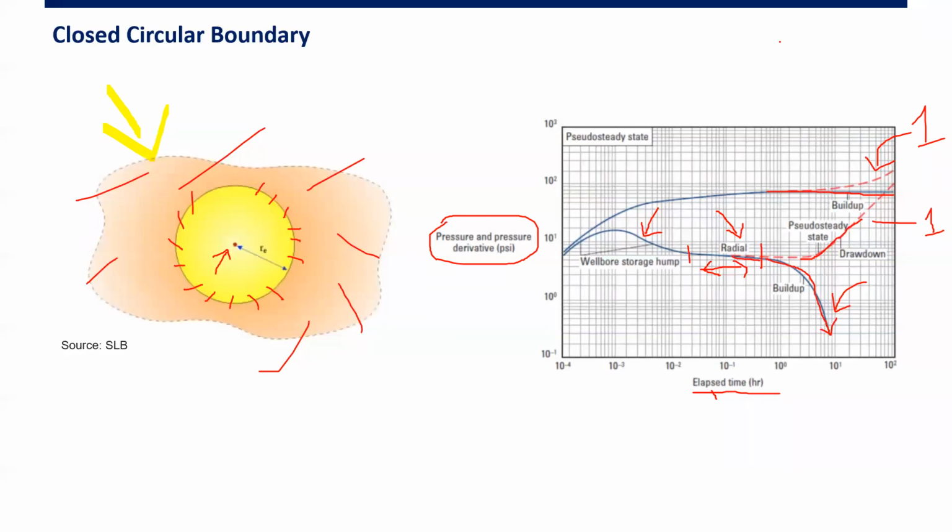Unfortunately, if you have a well close to a constant pressure source, then the late time behavior will also be like this. The pressure derivative will also fall to zero.